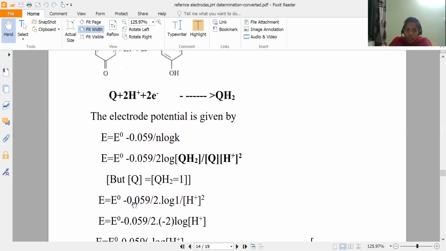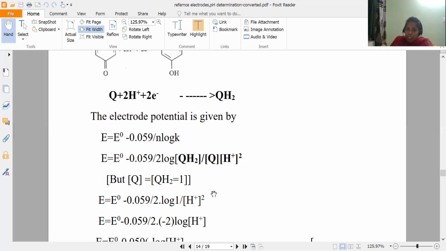So we will get E is equal to E naught minus 0.059 by 2 log 1 by H plus power 2. Let us take this H plus power 2 to the numerator. When it goes to the numerator, we will get H plus power minus 2. Log H plus power minus 2 is in the form of log x power m. The log x power m formula is m log x.